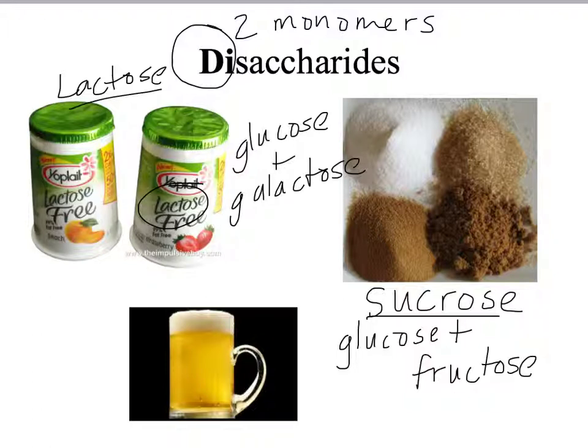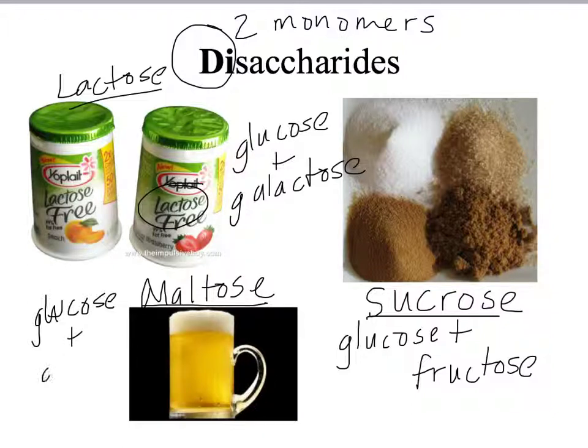And then finally, this one down here, if you've ever heard of malt beer, it just means it's got a particular sugar in it called maltose, which is a disaccharide. It's formed by joining two glucose molecules together. So those three disaccharides, lactose, maltose, and sucrose, are just two single monomers hooked together. But in each case, the type of monomer that is joined affects what that sugar can be used for, the properties of that sugar.